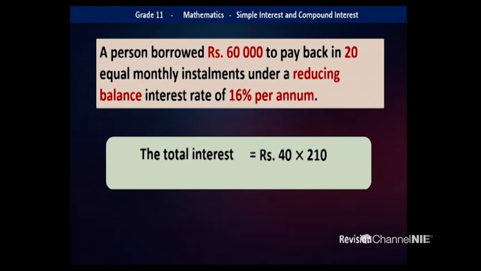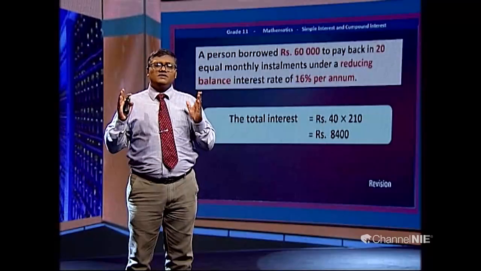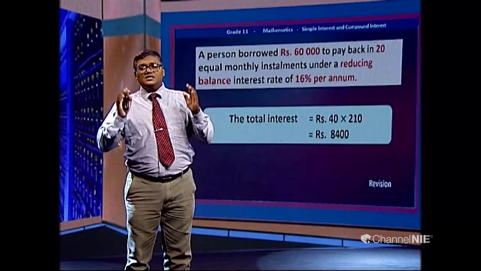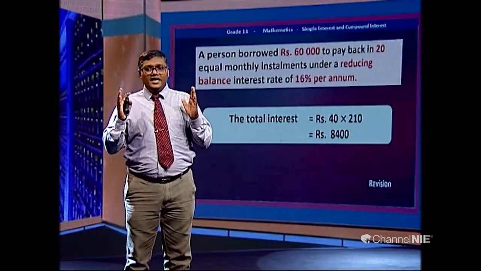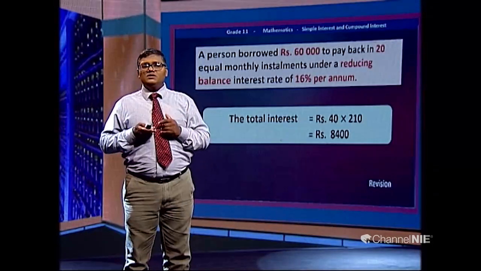What is 210? The number of month units. 40 into 210 is 8,400. That means the total interest is 8,400. According to this reducing balance method, the total interest is 8,400. Now let's move on to the next one.